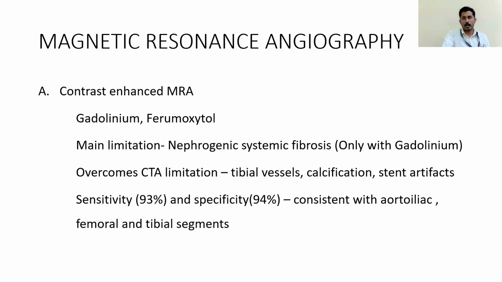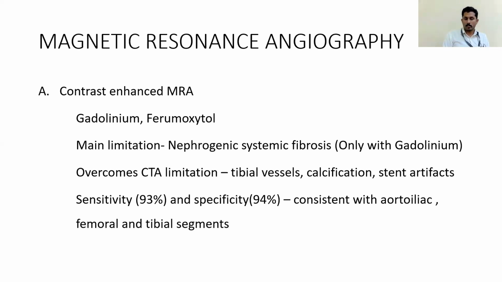Coming to the MRI angiogram, there are 2 types of MRI angiogram available. One is contrast MRI and the other is non-contrast enhanced MRI. Usually we will use gadolinium in a contrast MRI. The main limitation of the contrast MRI is nephrogenic systemic fibrosis. As we discussed, in CT angiogram iodinated contrast will cause nephrotoxicity.